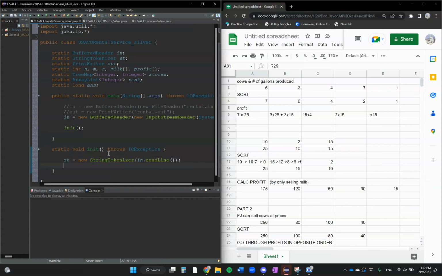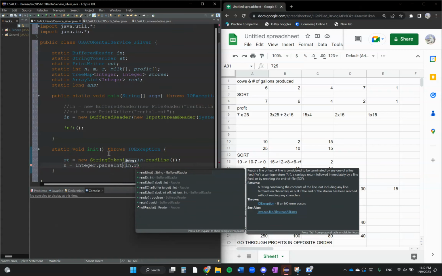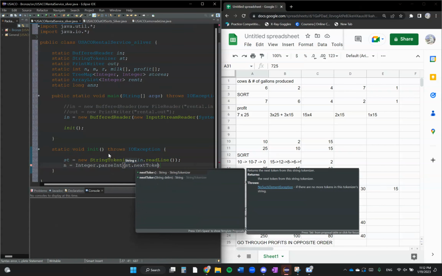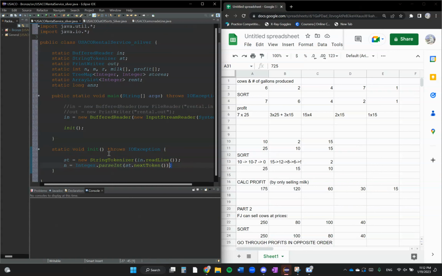I cannot type today. n equals Integer.parseInt(st.nextToken()), and that's getting each of the values that are stored in the StringTokenizer. And then r equals the third value.